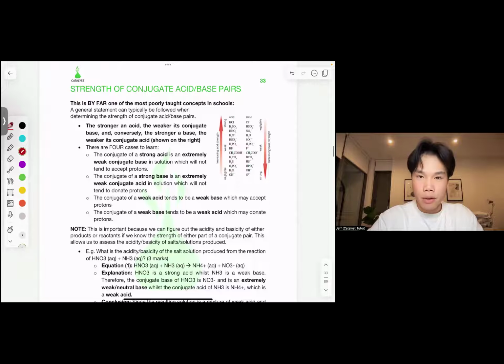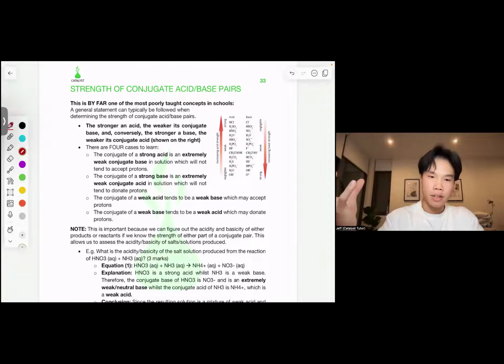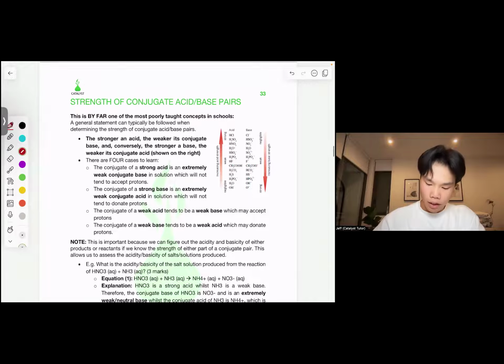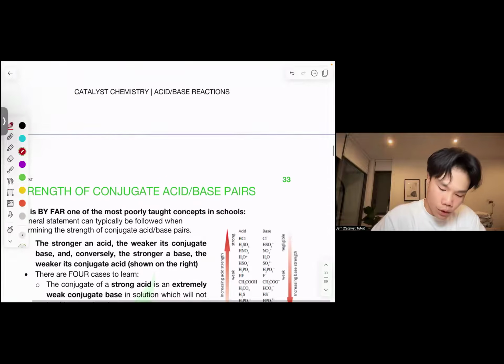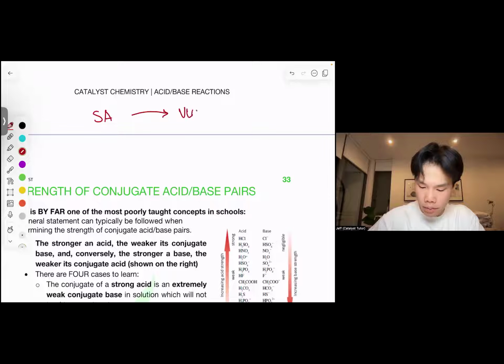Strength of conjugate acid-base pairs. Super poorly taught concept at school. So when you have a conjugate acid and base, you're always able to figure out the strength of the conjugates based on the other one. All you need to remember is if you have a strong acid, the conjugate base is going to be a very weak base.